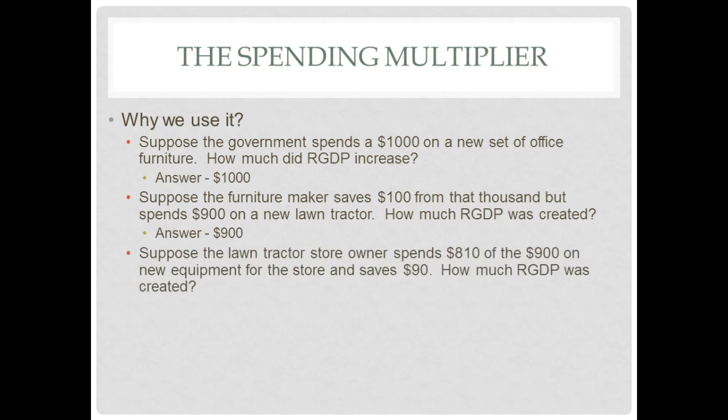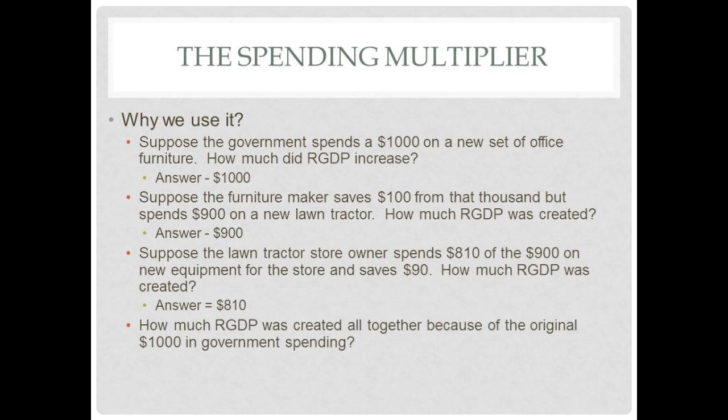Now suppose the lawn tractor store owner spends $810 of that $900 on new equipment for the store and saves $90. How much GDP was created? It looks like another $810. Well, what do we notice is happening? Every time this money changes hands, it looks like more RGDP is being created.